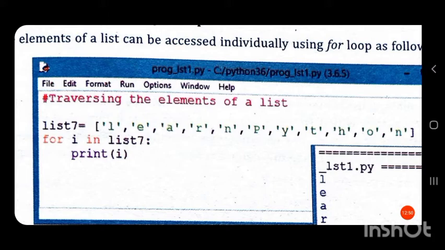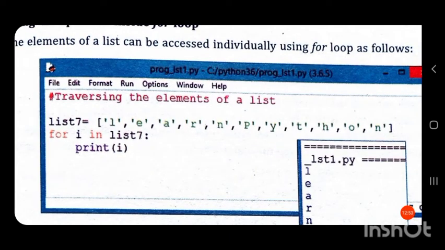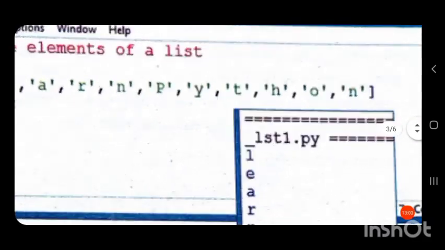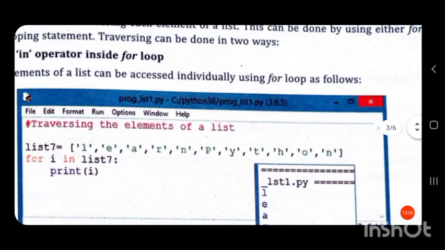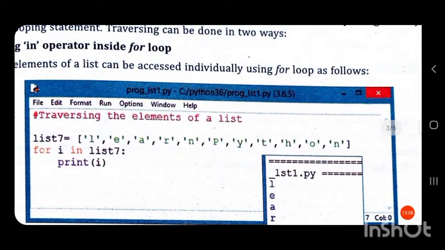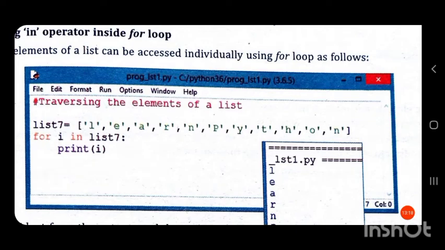In the 0th index, list7 has the value L. So it will enter the loop and print I, which prints the value L. Next, the control variable I will have the next value in that list, that is E, and print I will print E. Then again the for loop will iterate, and I will have the value A.